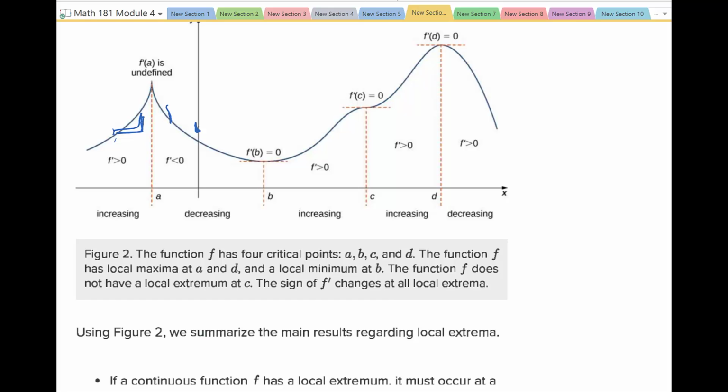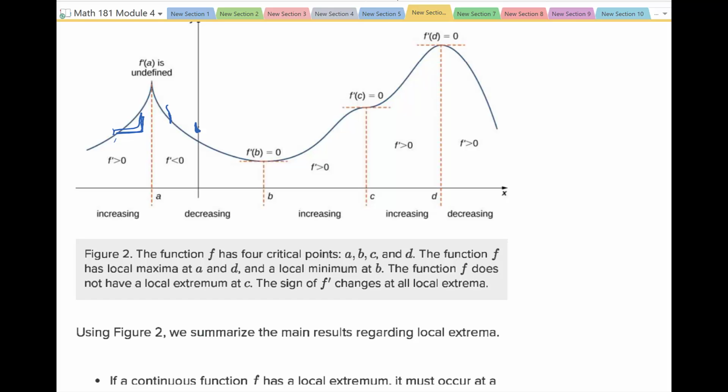If f prime is continuous over the given subinterval, which is typically the case, then the sign of f prime in that subinterval does not change and therefore can be determined by choosing an arbitrary test point x in that subinterval and evaluating the sign of f prime at that point. So you're not worried about the value so much as just whether it is positive or negative. Use the sign analysis to determine whether f is increasing or decreasing over the interval. Step 3: use the first derivative test and the results from step 2 to determine whether f has a local max or a local min or neither.